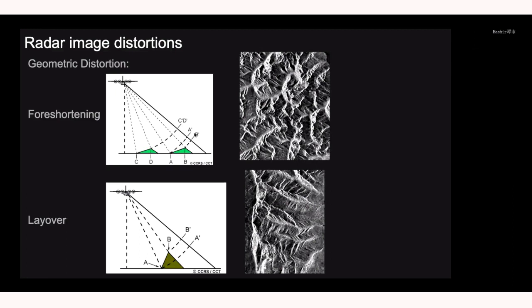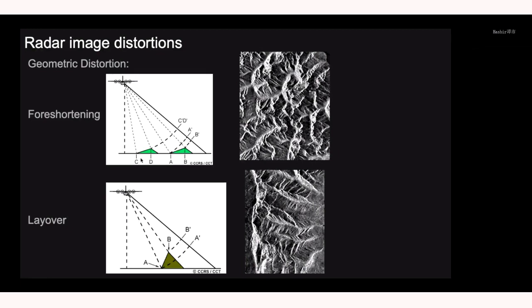And on the other side, maximum foreshortening occurs when the radar beam is perpendicular to the slope, such as here in the case of C and D. In this case, the base and the top are simultaneously exposed to foreshortening, which we call maximum foreshortening.